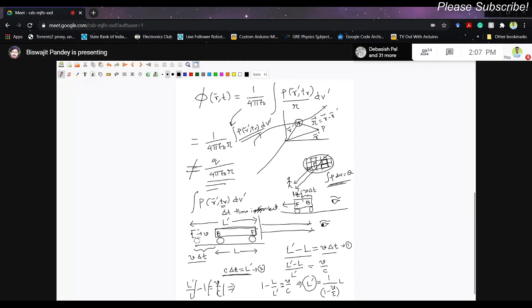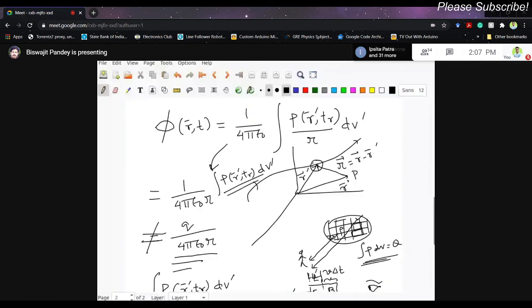Now in this case the train is either moving towards the observer or moving away from the observer, but it may happen that the train is moving along some arbitrary direction, right? That will only incorporate another term, which can be written as a component along the line of sight. Let us see how.